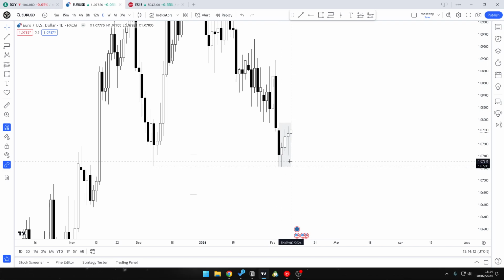And after a drawn liquidity, price sometimes gets a little choppy, as you can see on this small candlestick. So notice the Monday body is basically the entire body of this next candlestick. What do I mean by this?